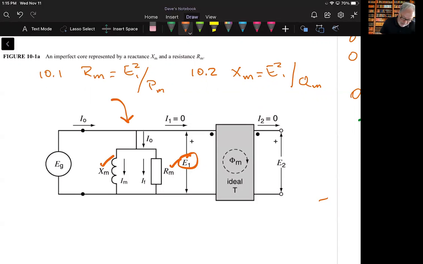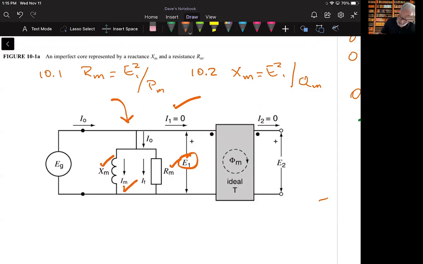Okay, so the total current needed to produce the mutual flux in an imperfect core is equal to the phasor sum of I sub 1 and this. That's the current that we need to produce the mutual flux.